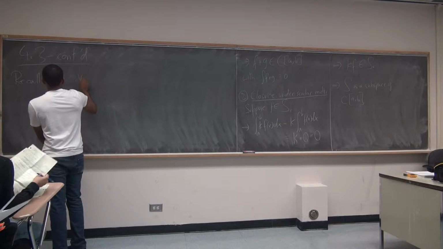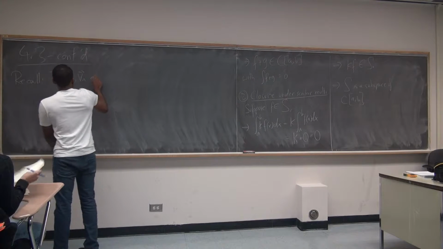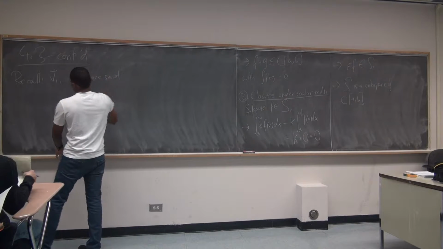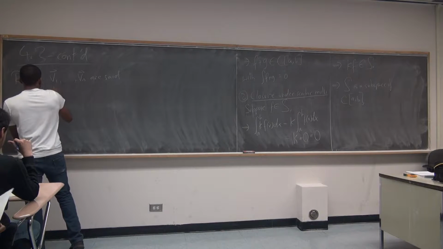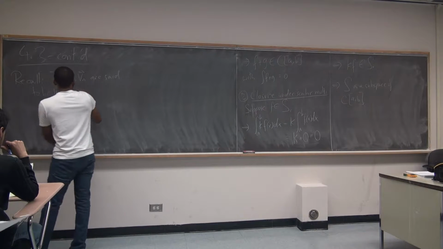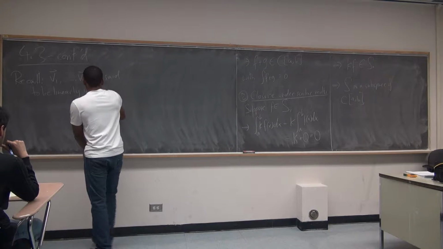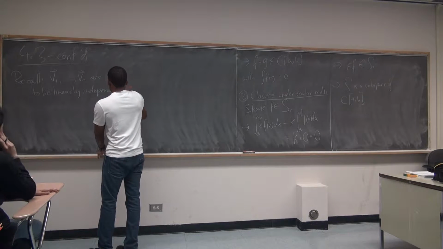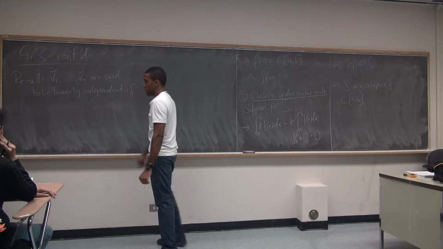V1 up to Vn are said to be linearly independent if what happens?